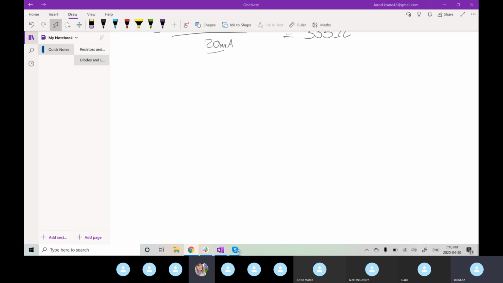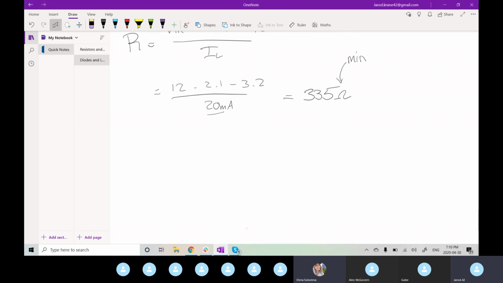Jared, I actually have a question. Is it possible to have LEDs in parallel? Yes. Would it still be the same calculation? If you're doing it in parallel, if you have your whatever Vn, you would go through some resistor into LED.